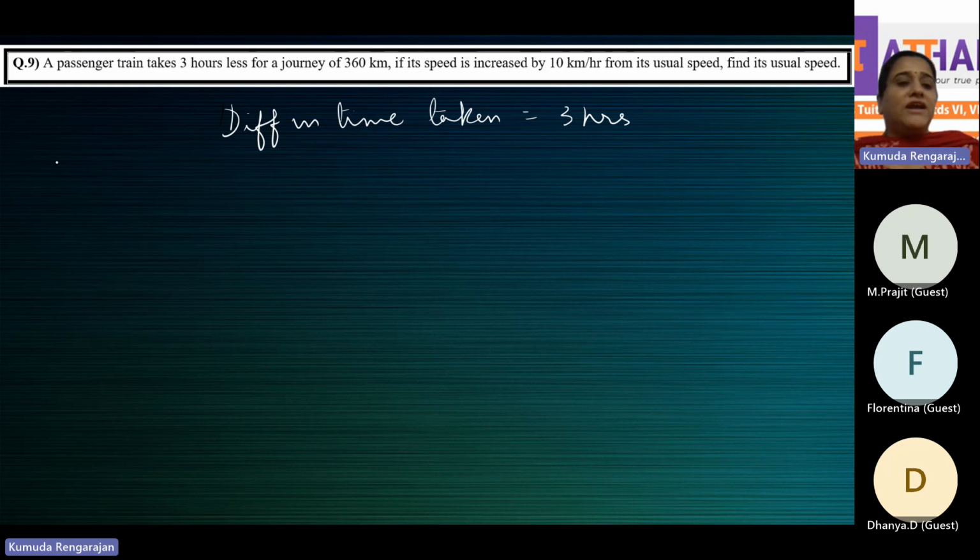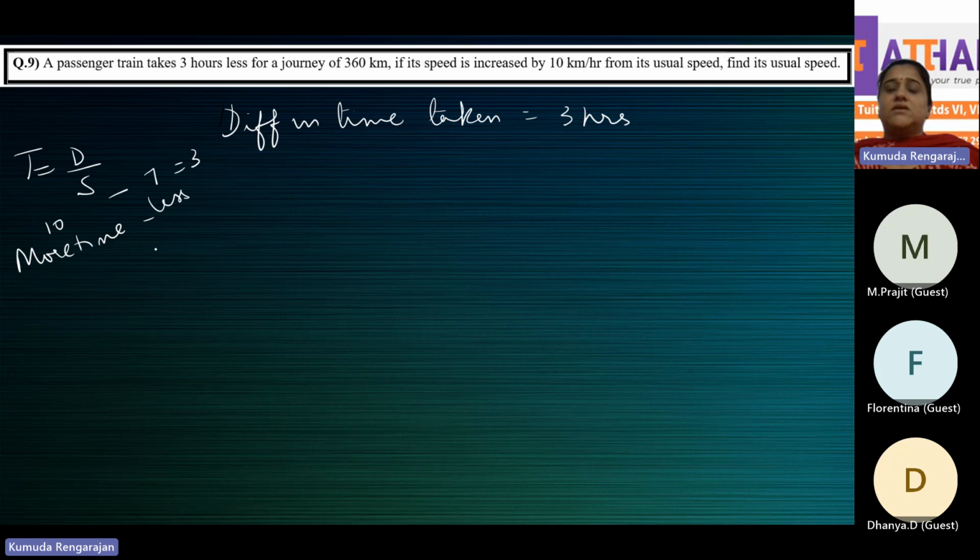So how will you find time? Time is distance by speed. More time taken minus less time. Like, more time 10 hours, less time 7 hours, so the difference in time taken is 3 hours. So where does it take more time? When the speed is less. Distance is 360 divided by speed.